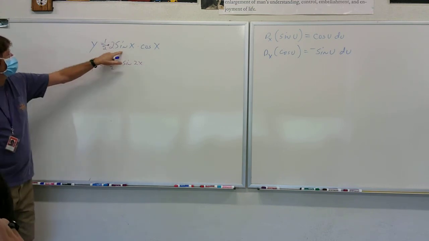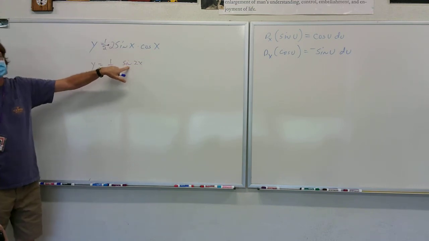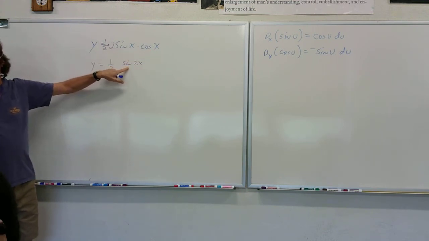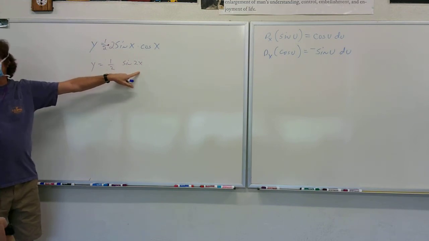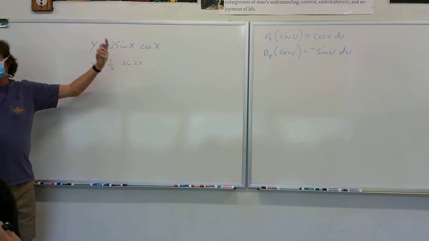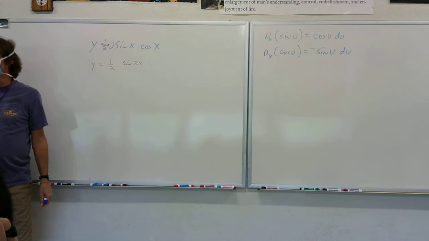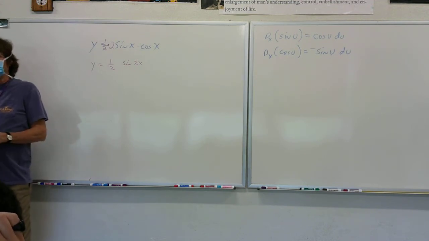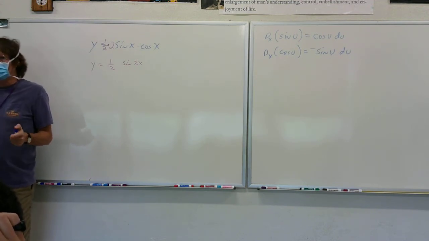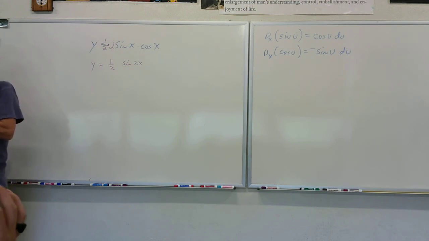Because 2 sine x cosine x is a trig identity too. It is what? Sine 2x. I just avoid having to use the product rule. Get what I'm getting at there? Sometimes if you know enough trig to rewrite these, you can avoid long drawn out problems.